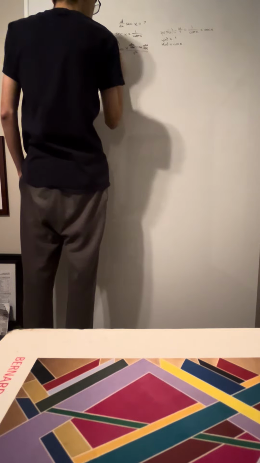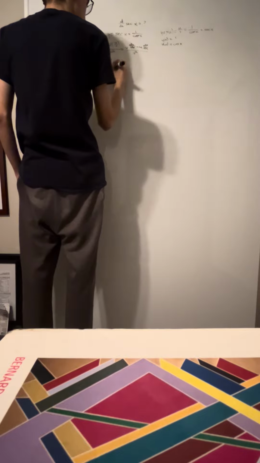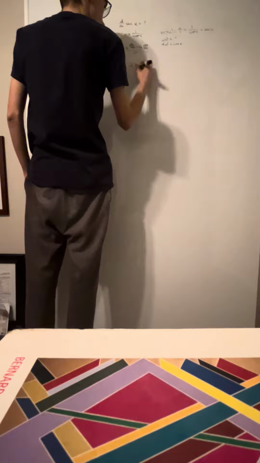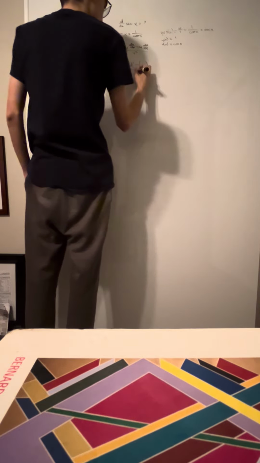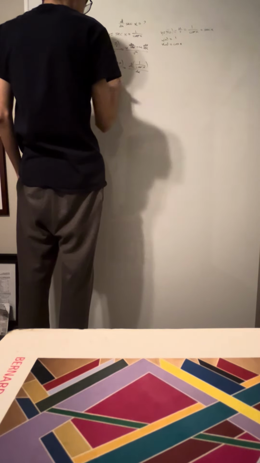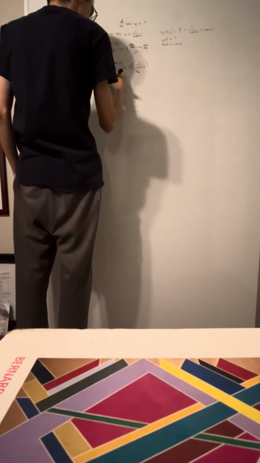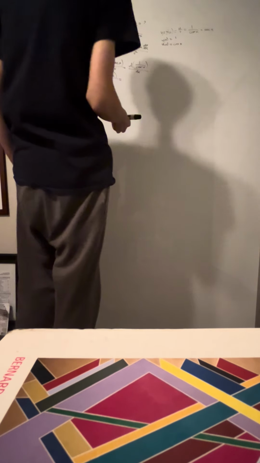So now we can say that d secant x dx equals d of 1 over cosine x dx, as these two are equivalent. Knowing that, we just plug things into the formula.